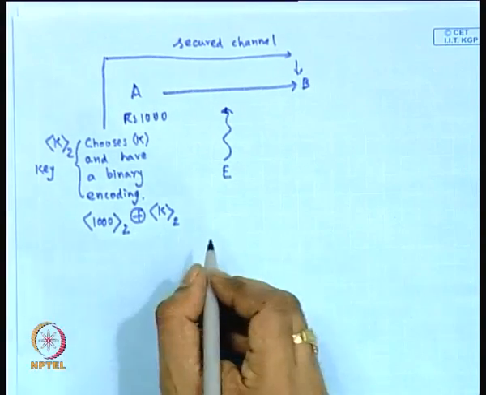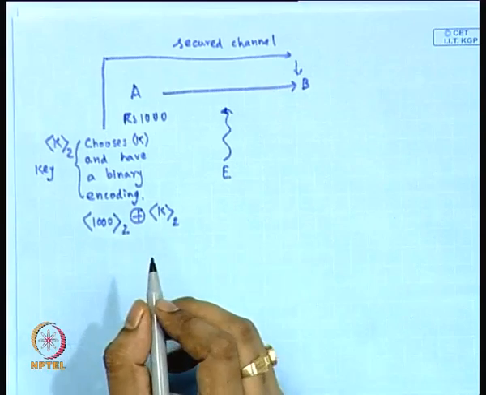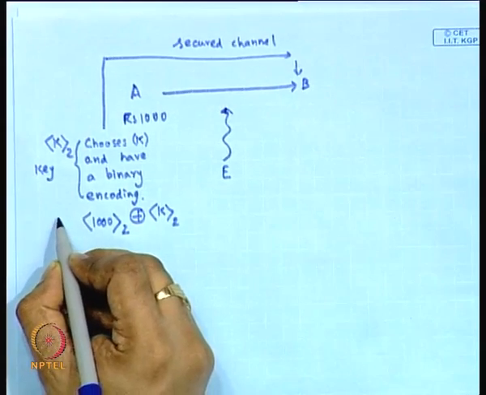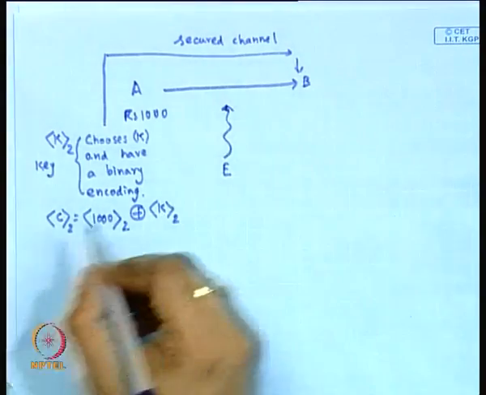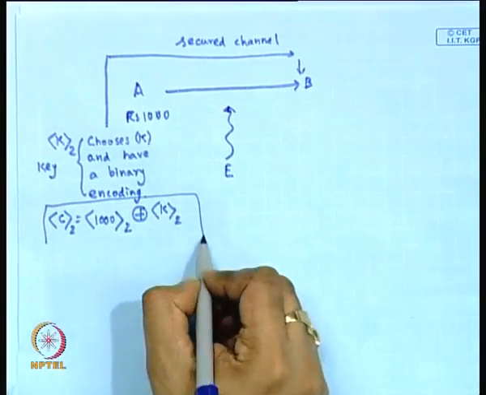So this could be some piece of information: 1000 XORed with the key, encoded in the binary format. Eve has access to this piece of information.